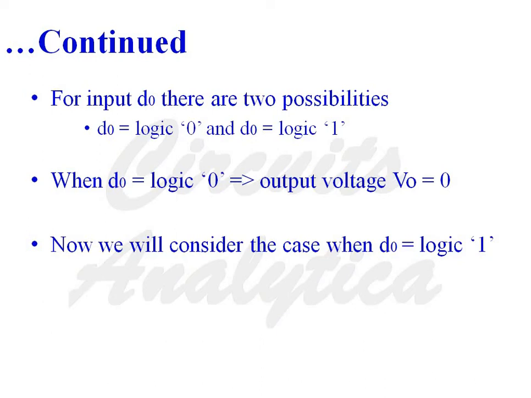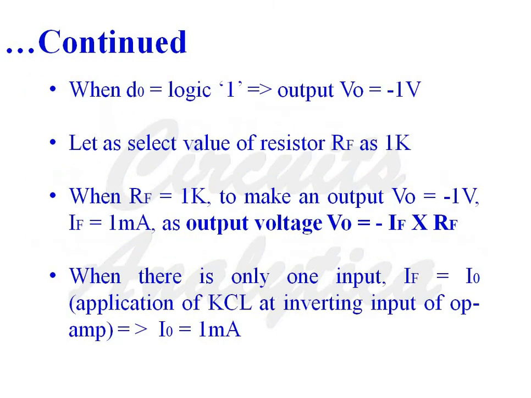And if D0 is equal to logic 1, then current flows through resistance R, which flows through the feedback resistance RF, resulting in a voltage drop across the feedback resistance RF. We know that the decimal equivalent of binary value 1 is equal to 1. So when D0 is equal to logic 1, the output voltage must be minus 1 volt.